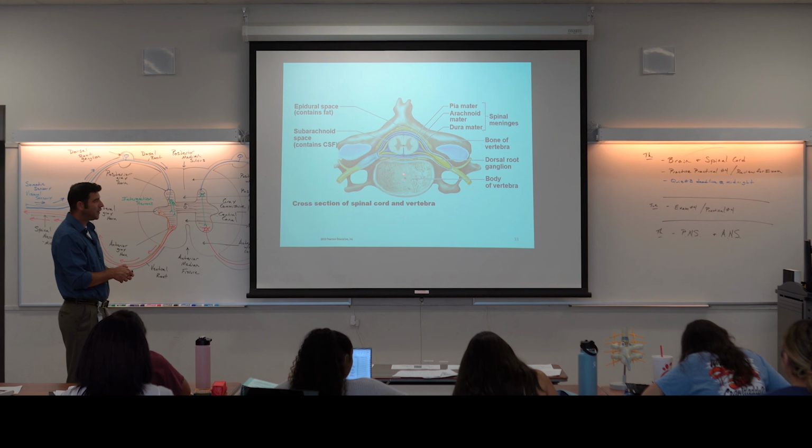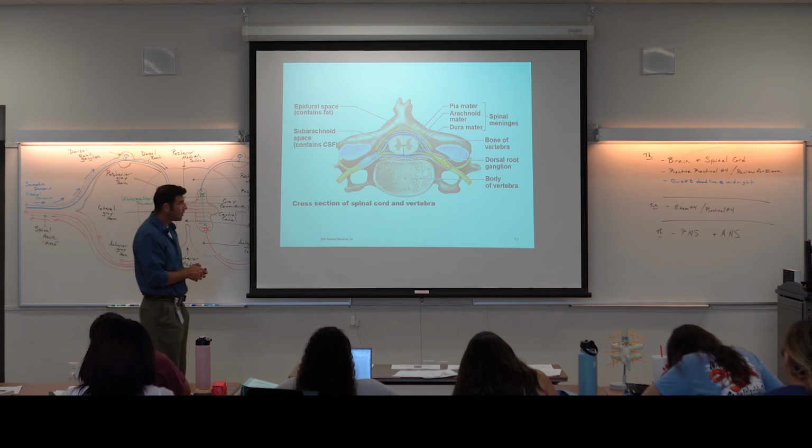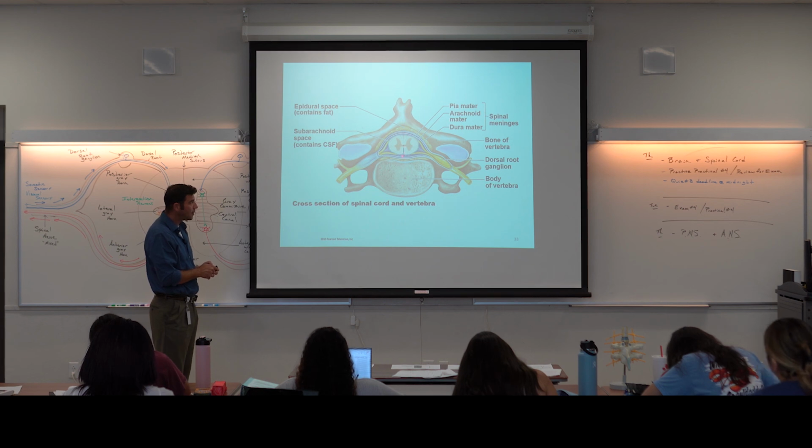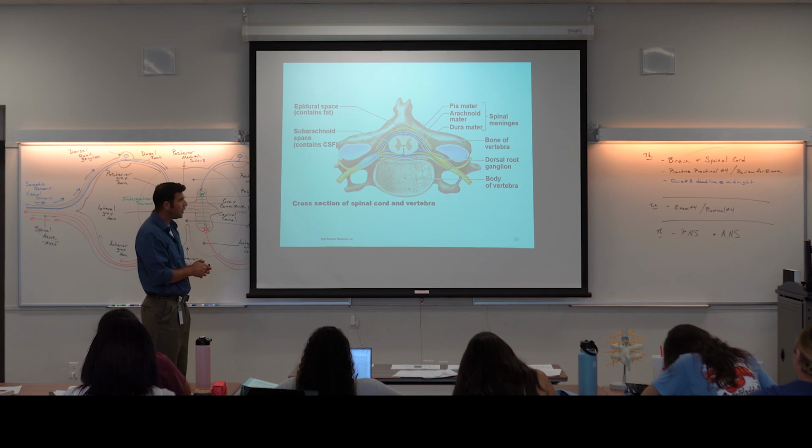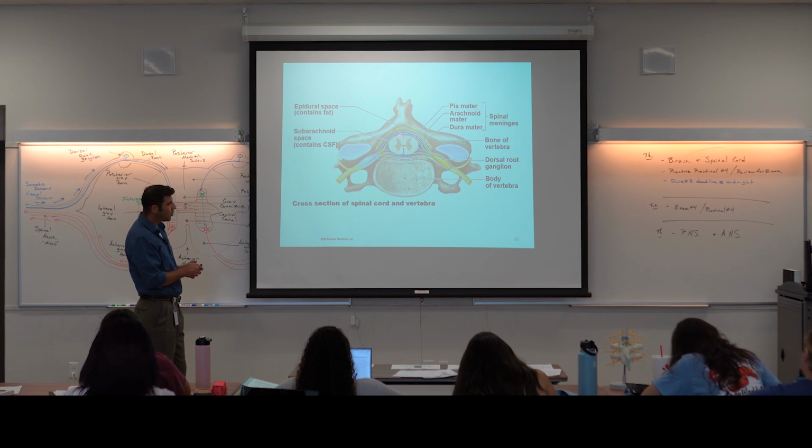The body of the vertebrae tells us anterior or ventral side. And sure enough, when we look at the spinal cord, there's our anterior median fissure and our posterior median sulcus. We can see that dorsal root, that always shows us dorsal side. There's the dorsal root ganglion. The ventral root does not have a ganglion, so it helps orient ourselves between dorsal and anterior.